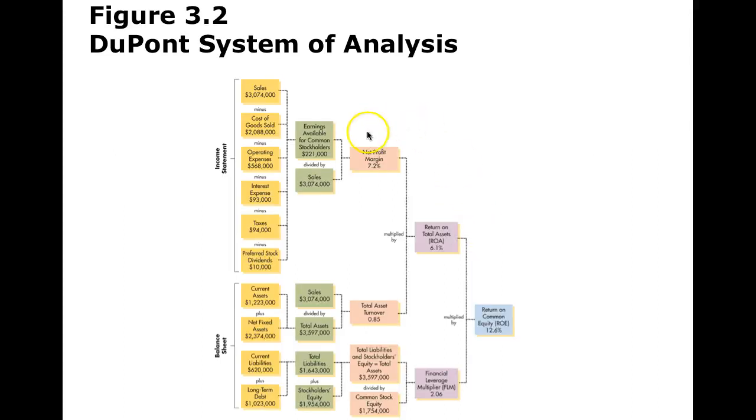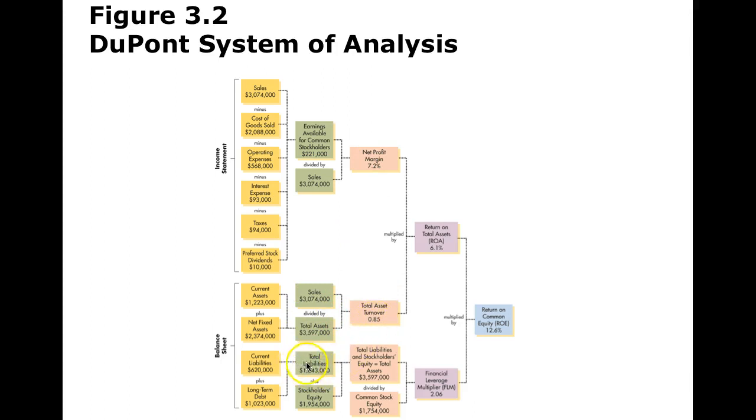Now, this is sort of the system. These are the variables we take from the income statement, and these are the variables from the balance sheet. Sorry about that. Now, taking our earnings, dividing it by sales, we get our net profit margin. Taking our sales divided by total assets, we get our total asset turnover.